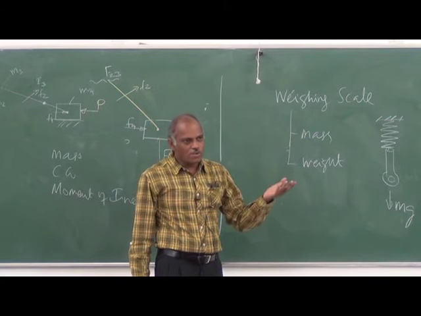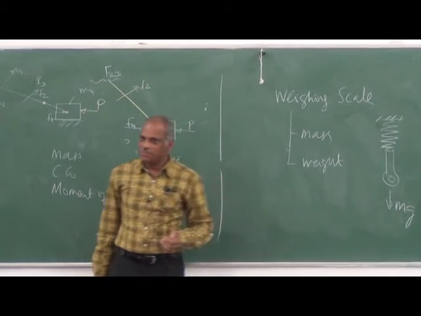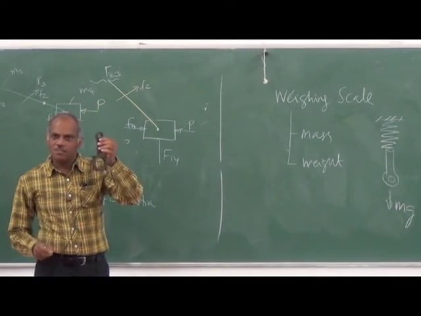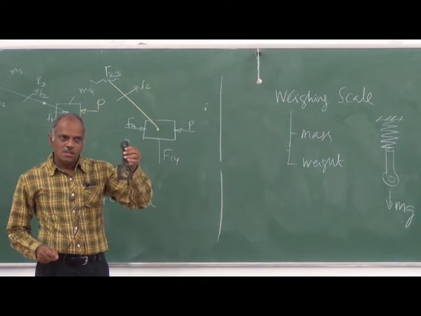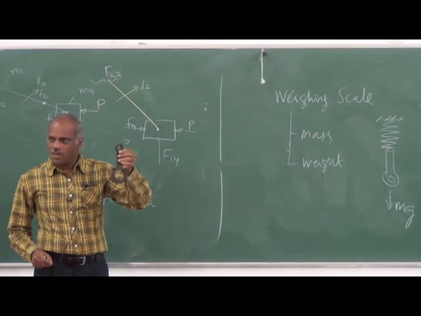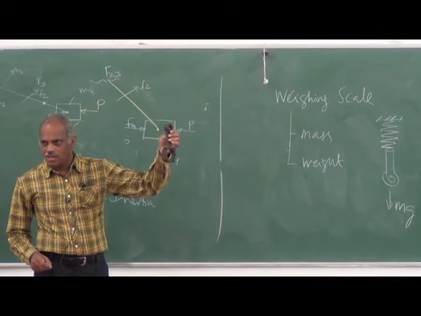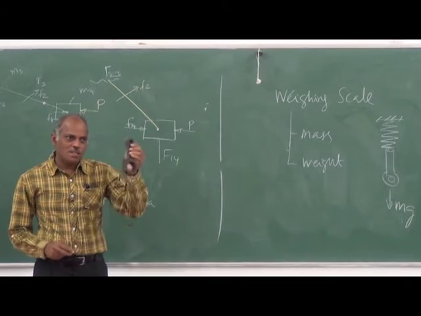If I go to the moon, it will show a different reading. That is the meaning of this, because the force applied by this connecting rod will be different in different environments. On Earth it will be M into G, in space it may be 0, and on the moon it will be different because G is different.